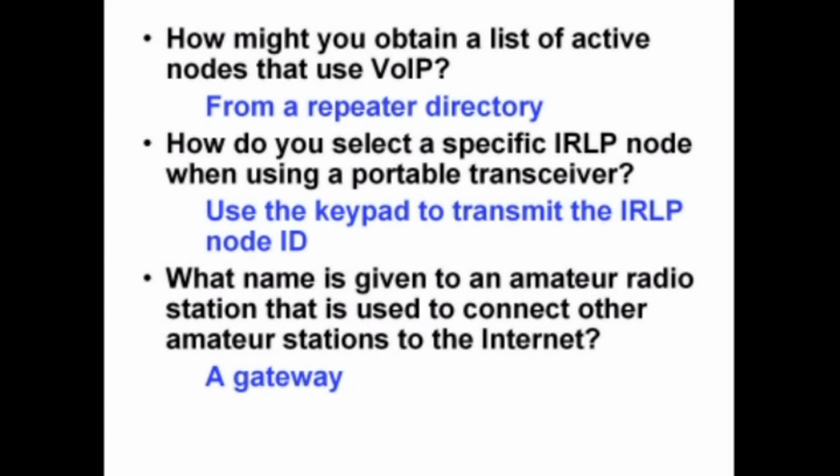But how do I select the node? Each node has a numerical designation, and I use the touch-tone keypad on my microphone or on the front of my handheld, and I transmit the node ID, the numbers for the IRLP node that I wish to talk to. Not the one I'm using, but the one that I want to use on the other end.